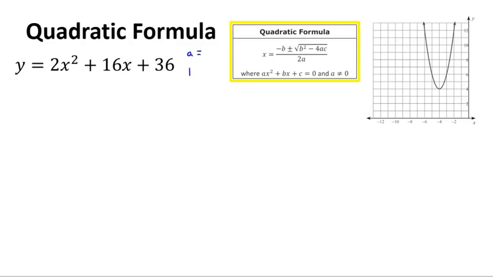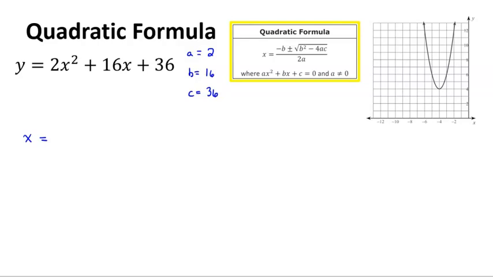We have A, B, and C: 2, 16, and 36. And the quadratic formula, I also like it because even if you have really big numbers and maybe you don't feel like factoring, just to find out that it's not factorable, or having to deal with completing the square, your quadratic formula is always going to work.